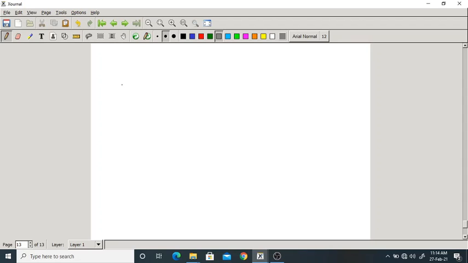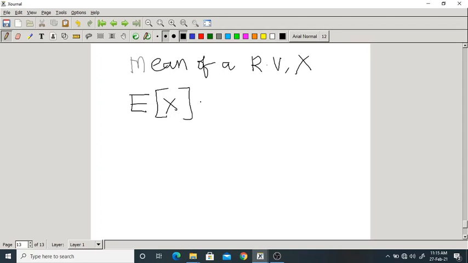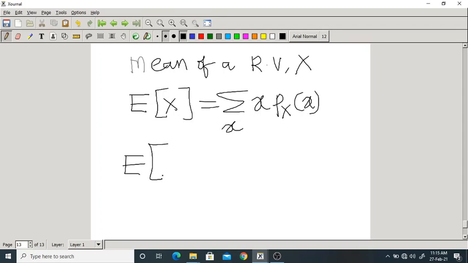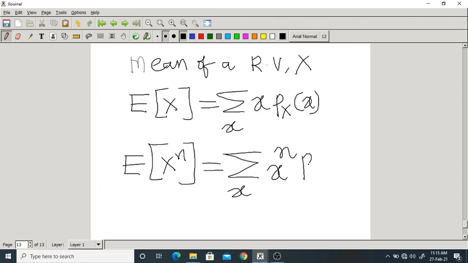That is, mean of a random variable x is defined as expectation of x, that is summation over small x into its PMF. So if we ask you nth moment, that is expectation of x power n, that is defined in the same way as summation over x power n and its PMF.